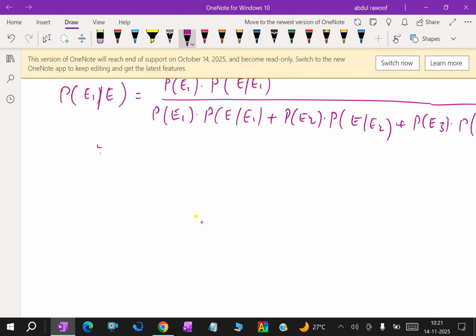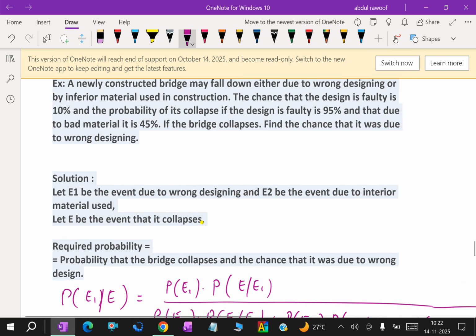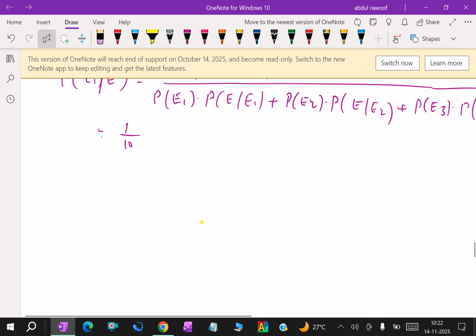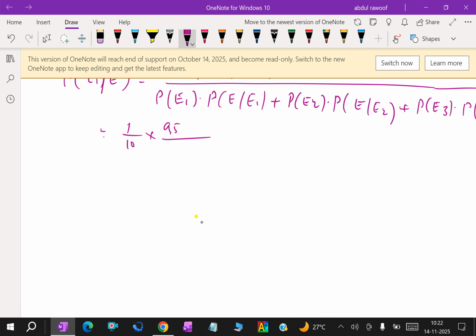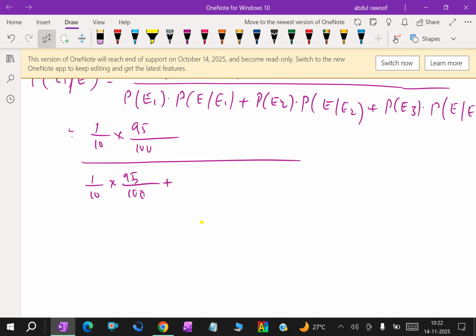Now we'll apply the values. 1 over 10 into 95%, that is 10 by 100, which is 1 over 10, into 95 by 100, divided by 1 over 10 into 95 by 100 plus, this third is not necessary because there are only two options here.